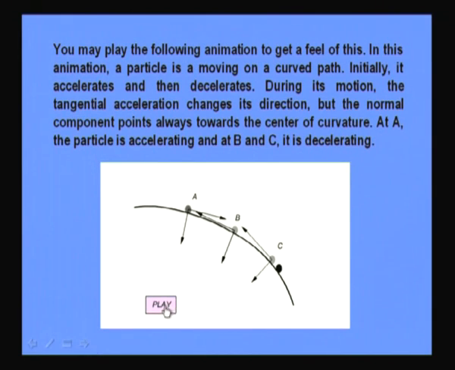In this animation, the ball A moves on a curved path, reaches point B, then it reaches point C. Here at this point A, the particle is accelerating, that means its speed is increasing.